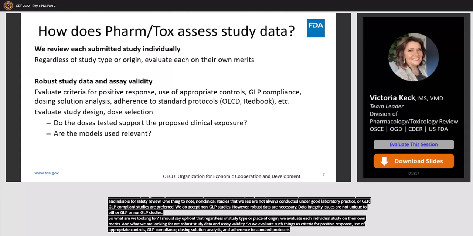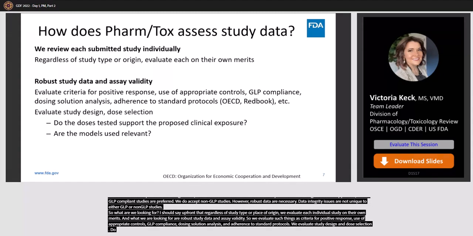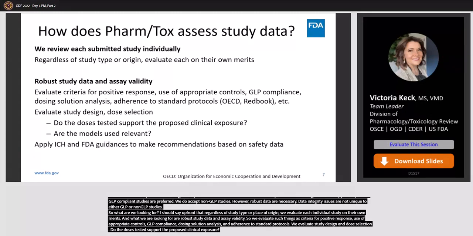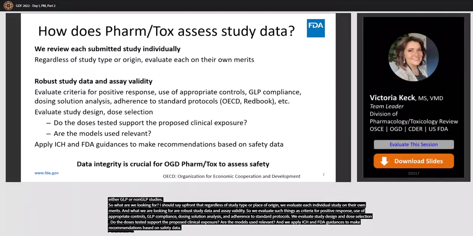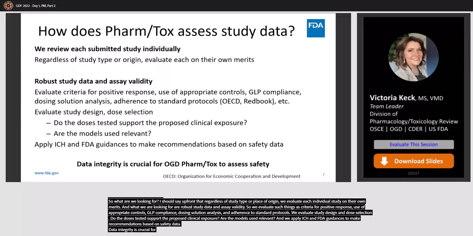We evaluate study design and dose selection. Do the doses tested support the proposed clinical exposure? Are the models used relevant? And we apply ICH and FDA guidances to make recommendations based on safety data. Data integrity is crucial for OGD PharmTox to assess safety.